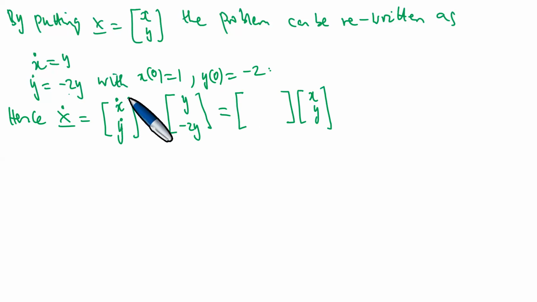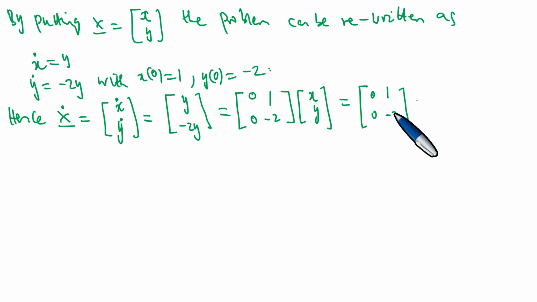X dot must only be y, so you must put 0, 1. When you multiply this with that, it just becomes y. The second one must become minus 2y, so you have 0, minus 2. This is the matrix 0, 1, 0, minus 2, times x.